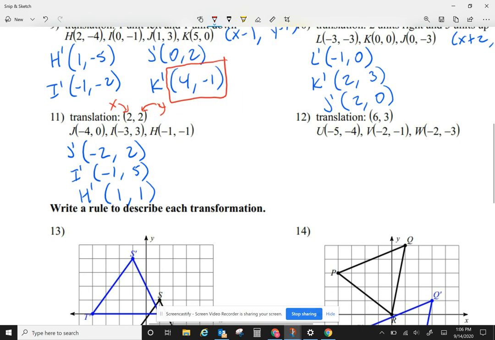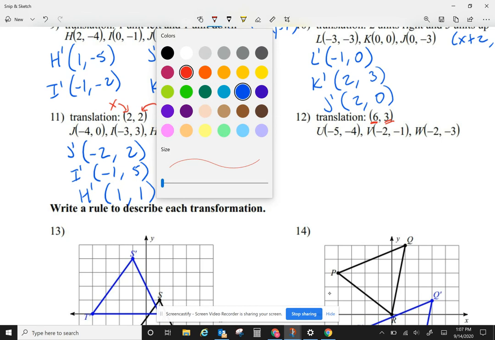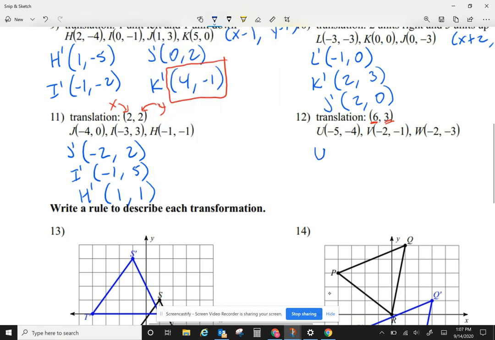Looking at question number 12, I'm going to add 6 to x, and I'm going to add 3 to y. So if I'm solving for u, the coordinates of u prime, my answer should be 1, -1. I added 6 to x, and I added 3 to my y coordinate.